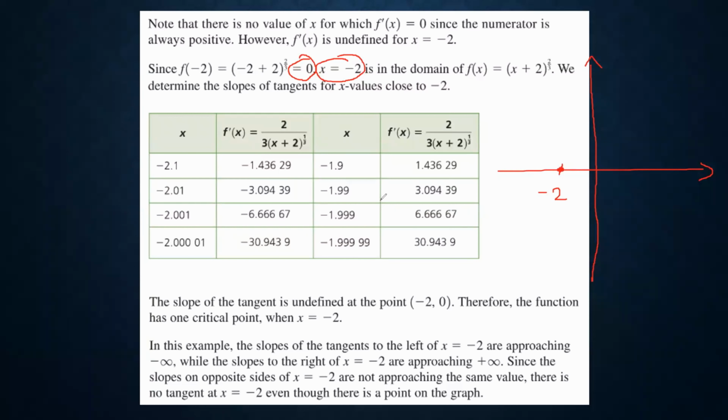Before you explain, can I guess, are we finding the limit? Basically, yes. We're finding the value of this function when x travels to -2.